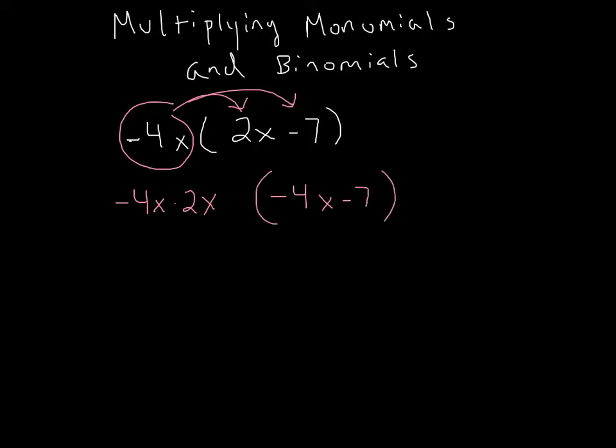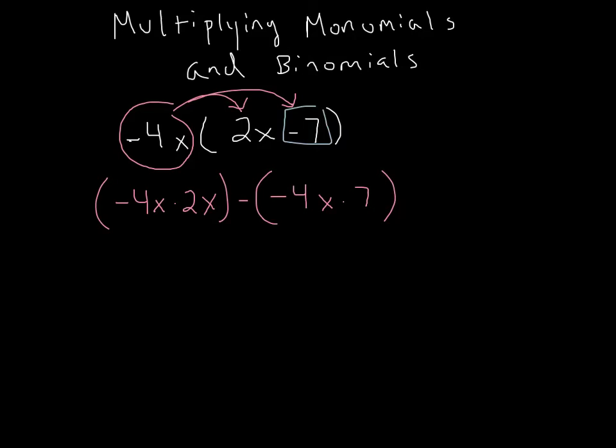Now you're not multiplying these together, but what they did in your notes is they took off this little minus sign right here, and they put the minus in between them, and then just multiplied the two together. So it doesn't really matter how you do it, as long as you're multiplying the negative 4x times the negative 7.